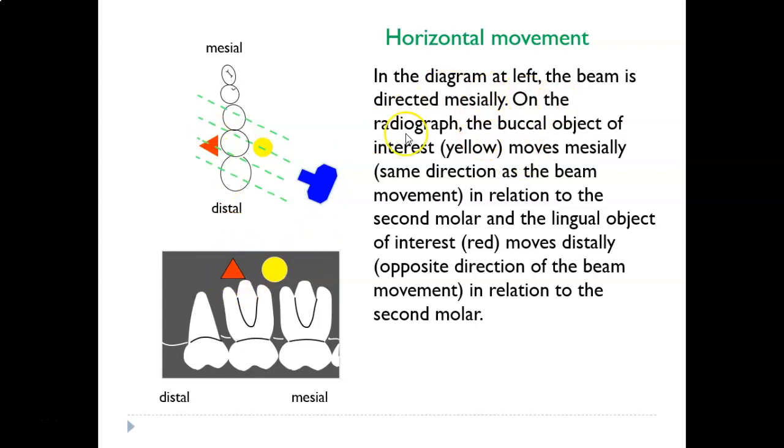So on the radiograph, the buccal object of interest moves mesial, the same direction as the beam in relation to the second molar, and the lingual object of interest, red, moves distal, the opposite direction of the beam. They didn't actually move, they're still in the mouth in the same place, but in the picture, the object that's more buccal moved mesial with the beam, and the object that's lingual moved more distal when the beam went mesial.